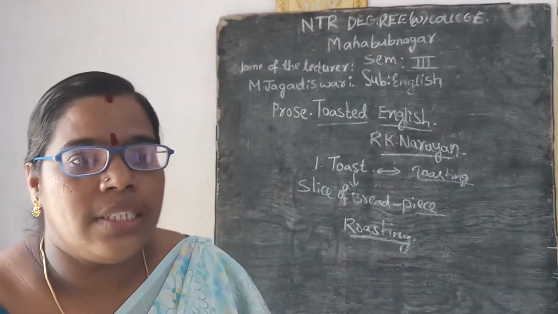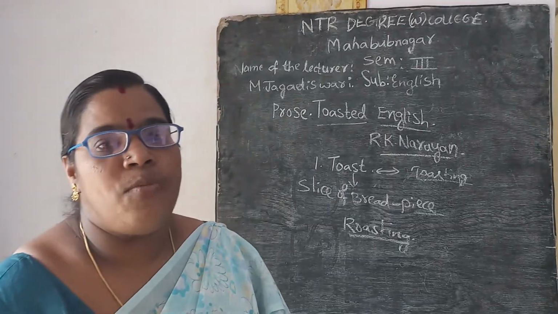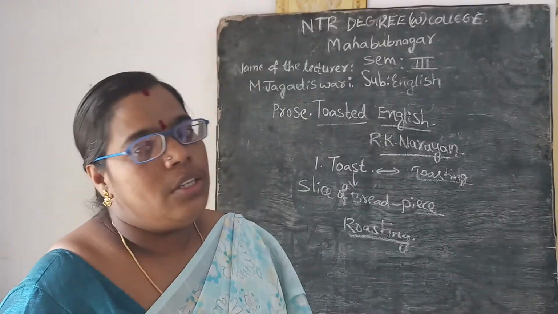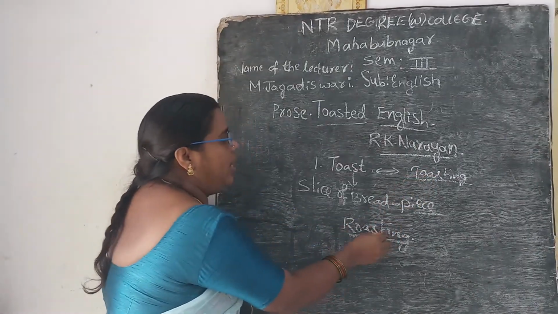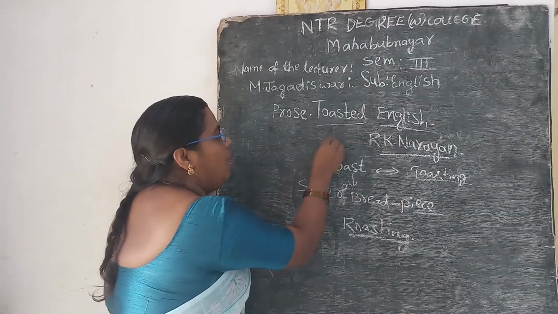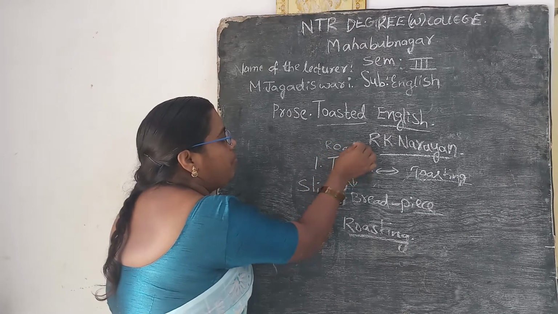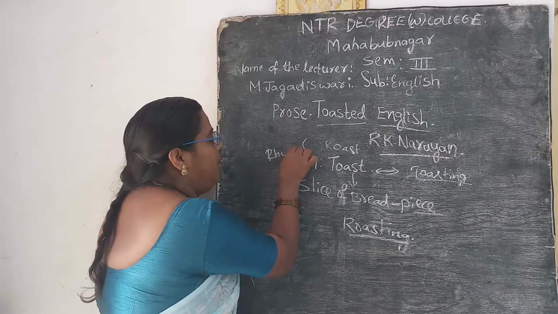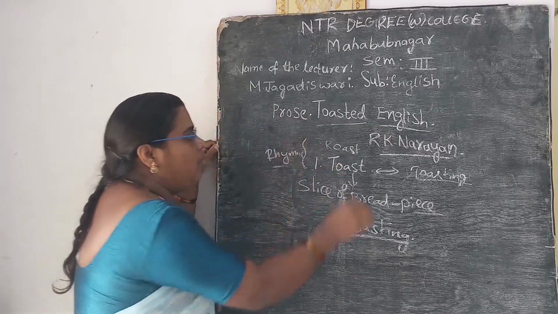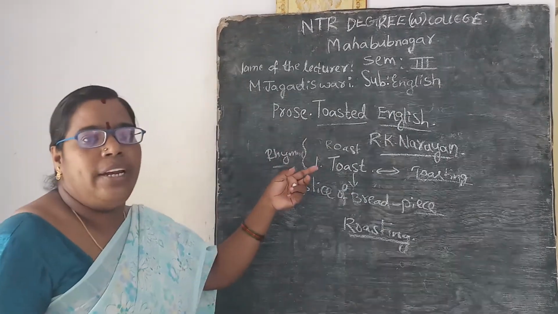How many words can you think of that rhyme with toast? Toast. So rhyming words can be added for toasting and roasting, or toast and roast. You can give as many words as you can, because they end with the same sounds.